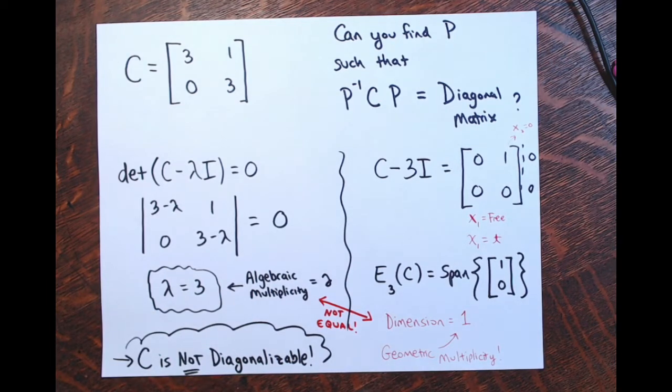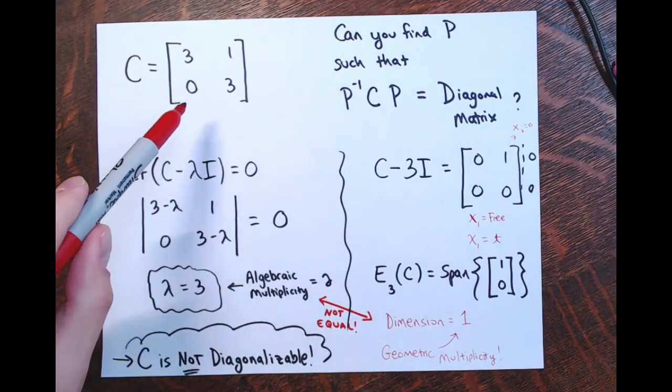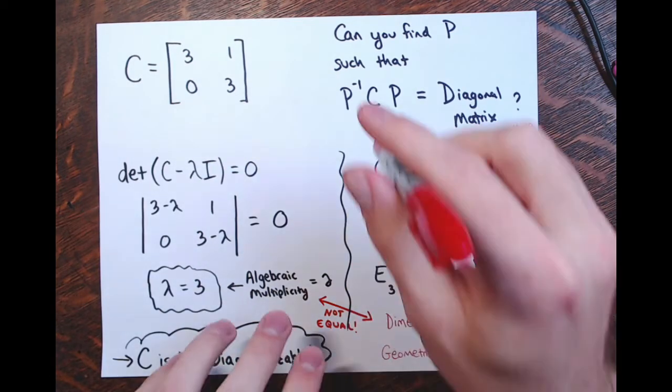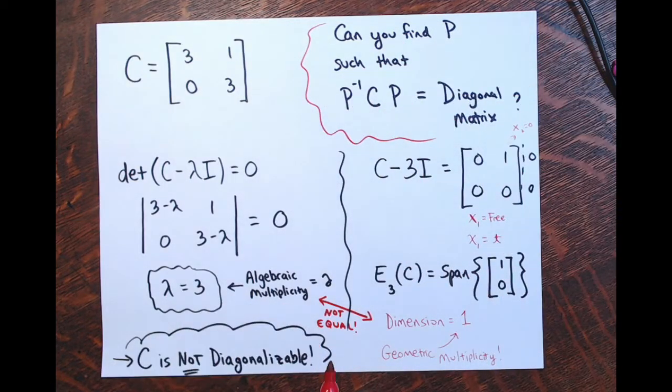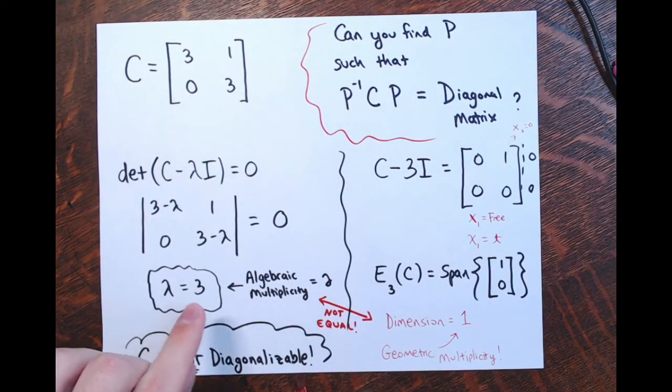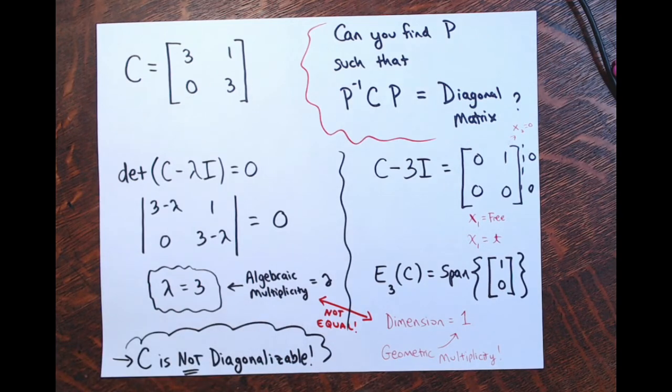All right. So to rephrase that, the only way a matrix will be diagonalizable, the only way you're going to be able to do this, is if every eigenvalue's algebraic multiplicity is the same as its geometric multiplicity.